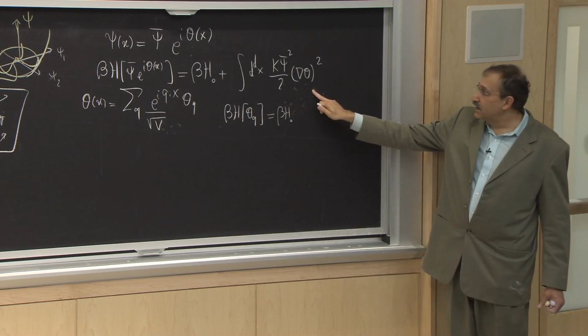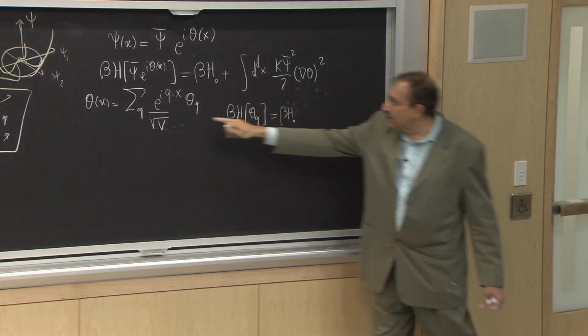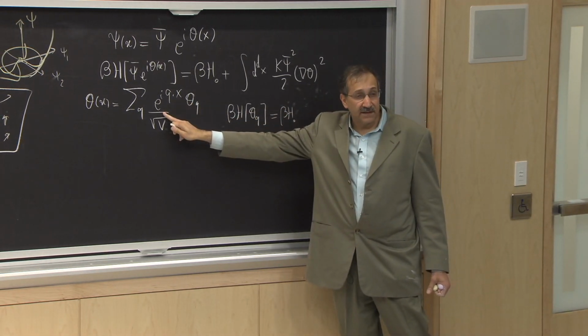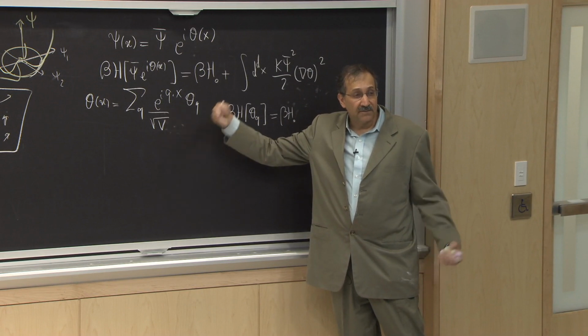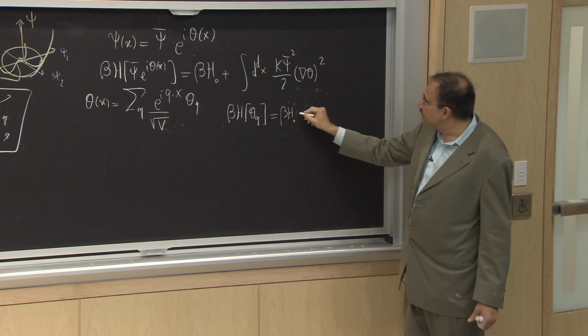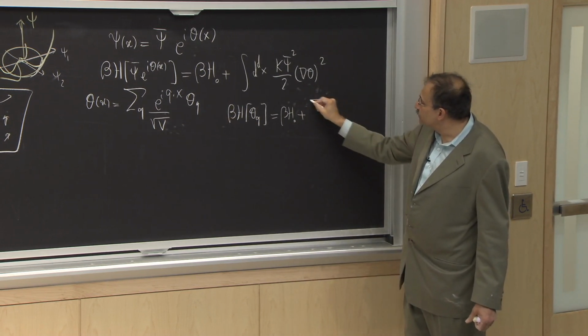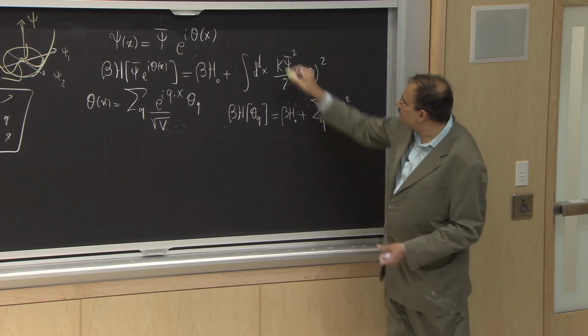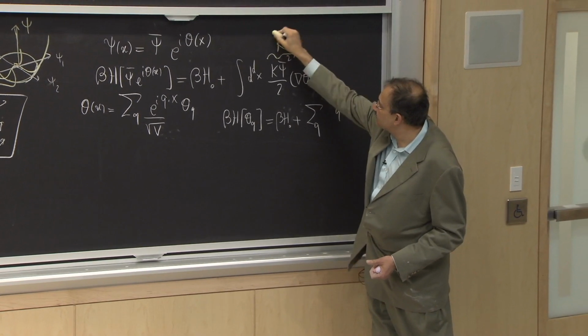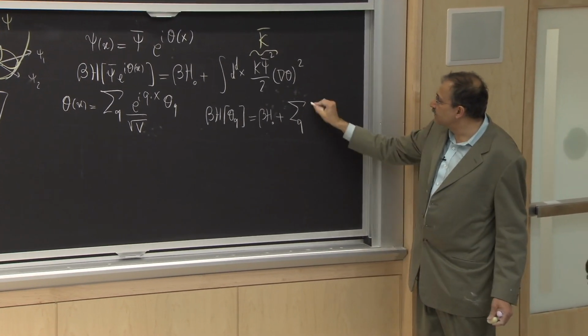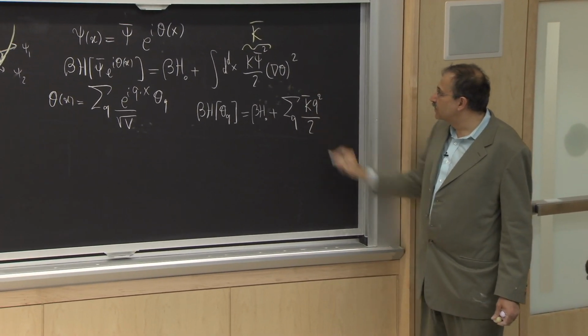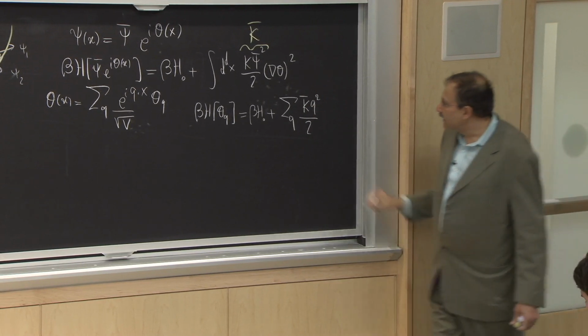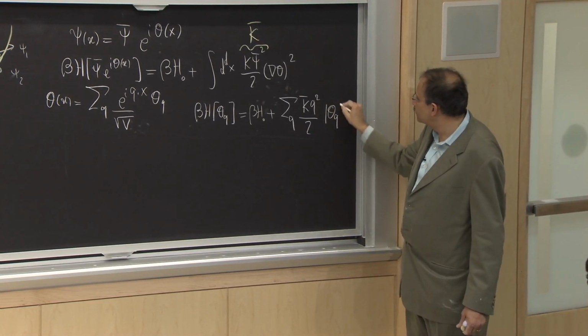I put gradient of theta. Once I do gradient of theta, you can see that I get a factor of iq. I will have two of them. So the answer is going to be proportional to q squared. Let's call this combination K psi bar squared, K bar, so that I don't have to write it again and again. K bar over 2, and then theta of q squared.